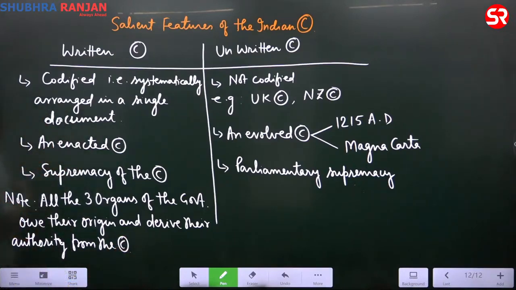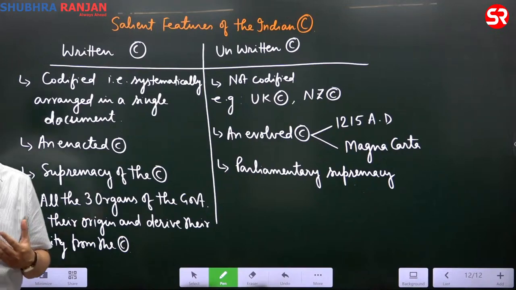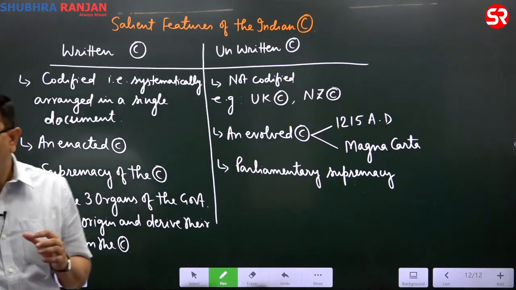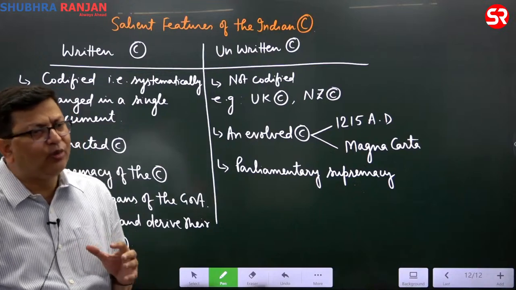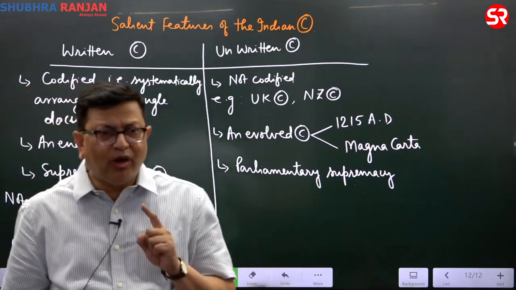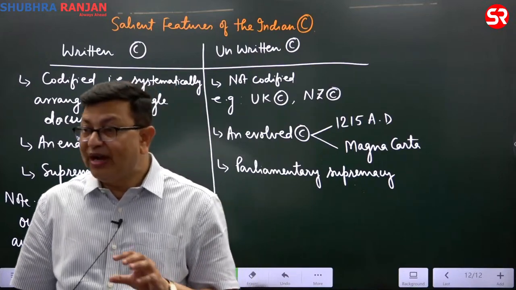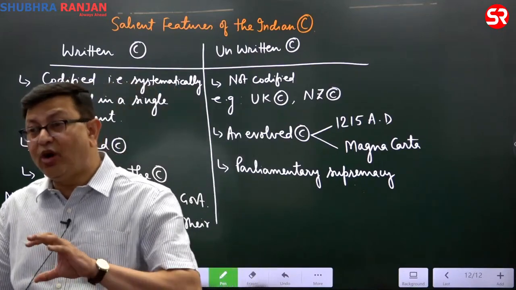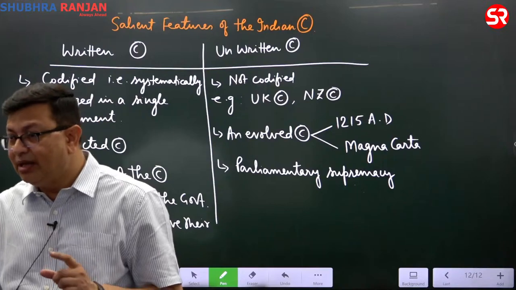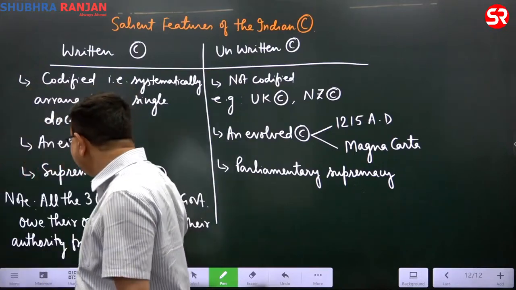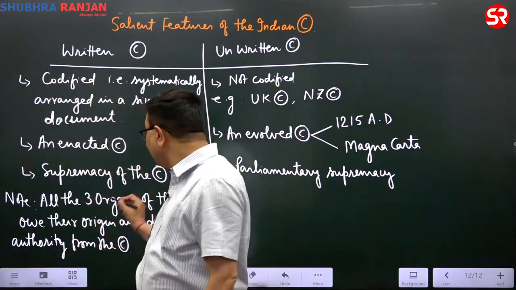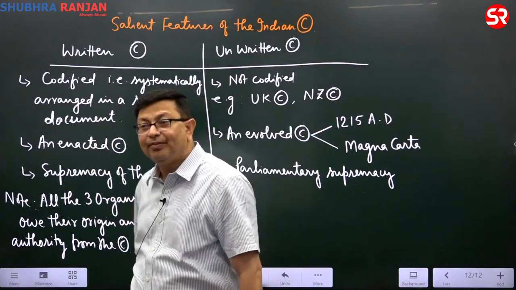So in a country, if someone asks you that in democracy, who is supreme? In democracy, the people will be supreme. But when we talk about the organs of the government, then none of the organs will be supreme. The constitution will be supreme.